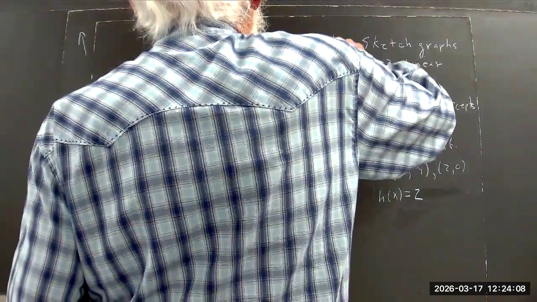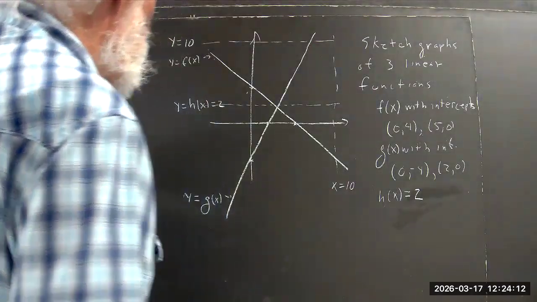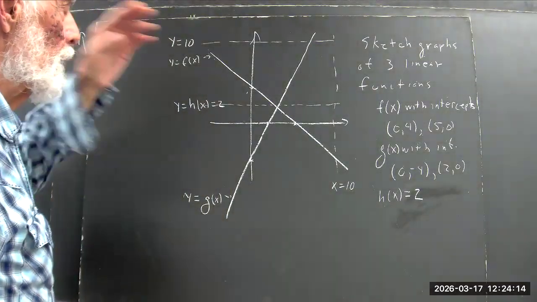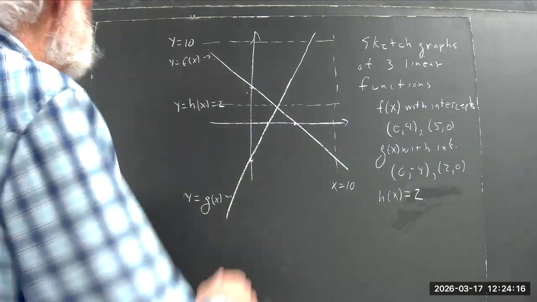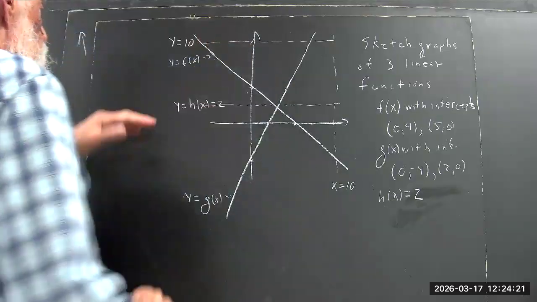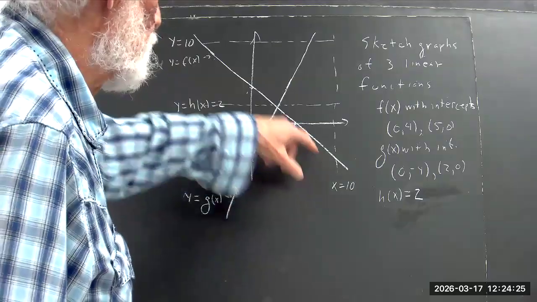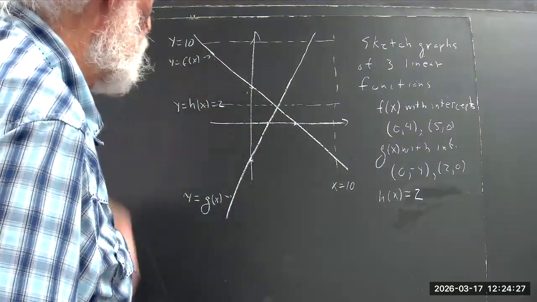First of all, I want to extend this g(x) line all the way up to where y equals 10, so that all these lines, except for the horizontal line, hit the x equals 10 line and the y equals 10 line.